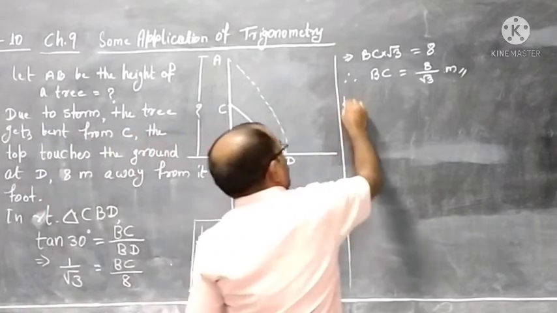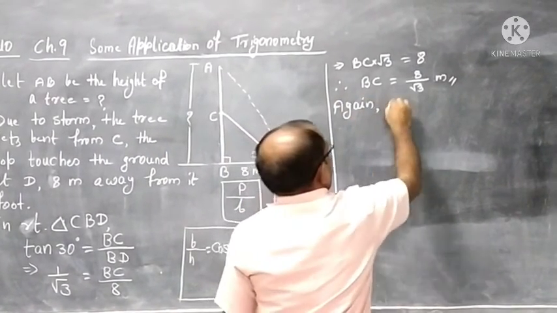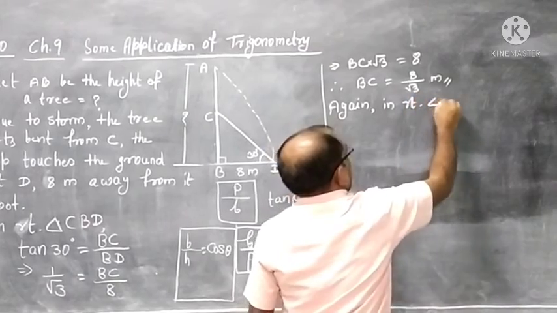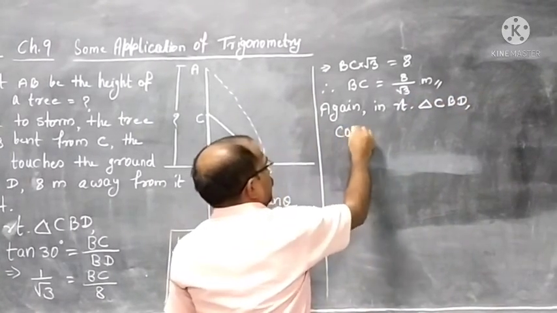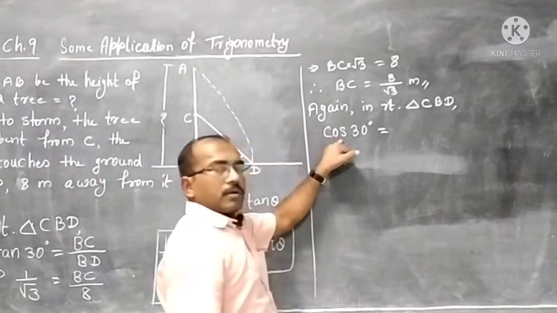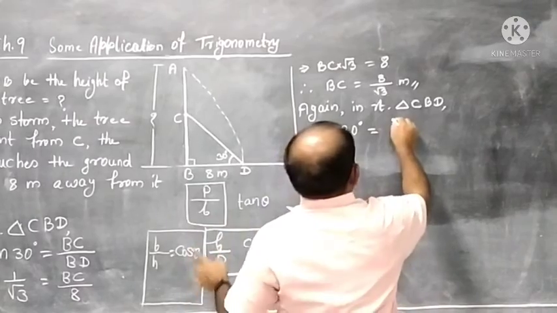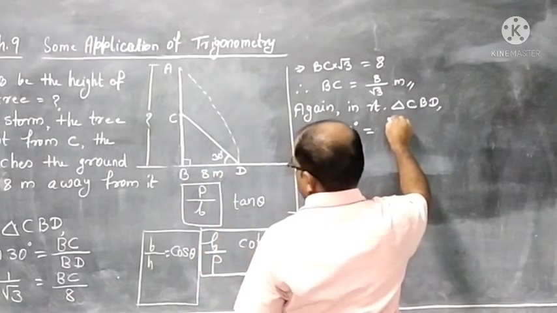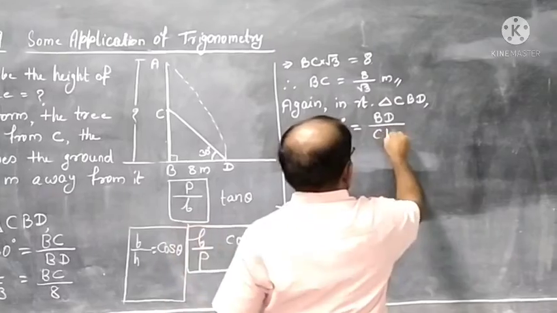So, again we are going to work in the same triangle. We have only one right triangle here. Again in right triangle CBD, but the ratio now we will use is cos. Cos theta, that is cos 30 degree, acute angle 30 degree is here. Base is BD and hypotenuse is CD.